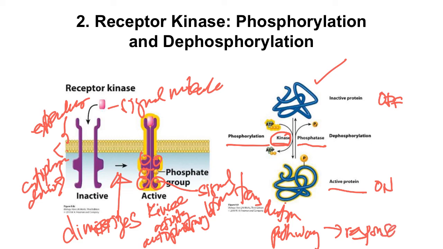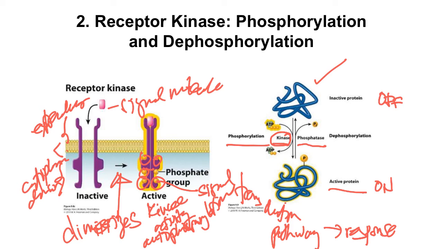And if you want to go through the details of this process, again, you'll have to look at section 9.4 or 9.5, which we will not cover in this unit. So this is a sufficient understanding for you to appreciate what happens when a signal molecule binds to a receptor kinase.